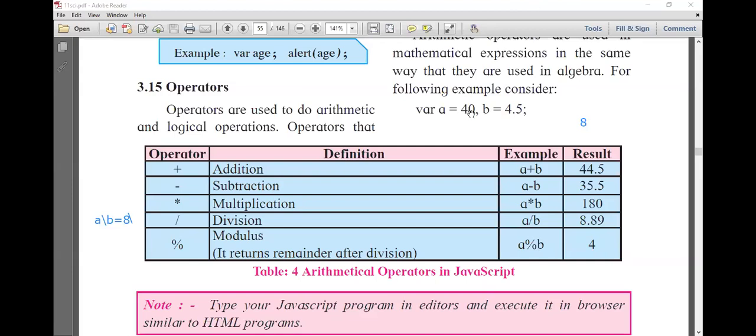If a is equal to 40 and b is equal to 4, then what answer will I get if I write a mod b? Okay, this is my question.